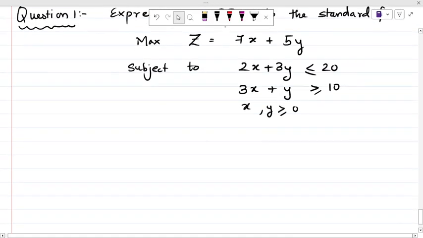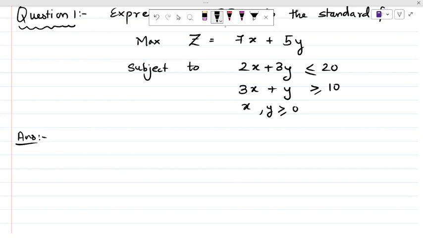Firstly, we will see the conditions. We will have to introduce slack or surplus variables, both. We need to make it a standard form.